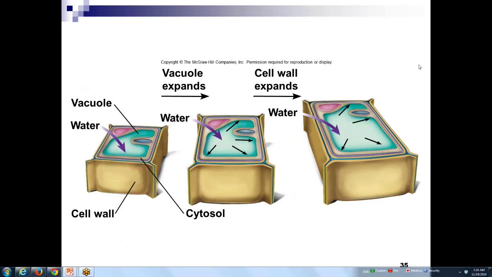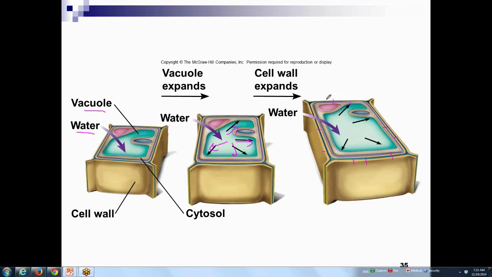So going on to slide number 35, you could see here's your vacuole. The water's coming in. The vacuole expands, pushes pressure up against the cell wall. That's called turgor pressure, if you recall. And then that turgor pressure eventually causes expansins, proteins that start to cut the cell wall fibers or unzip them, if you will.